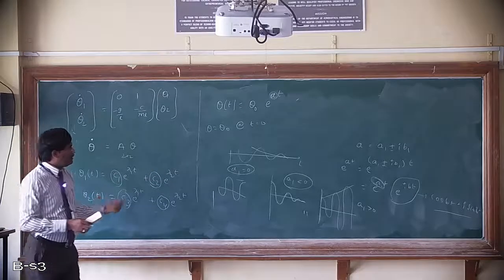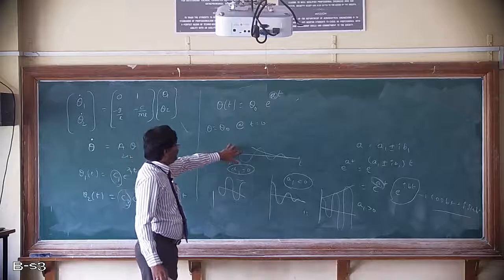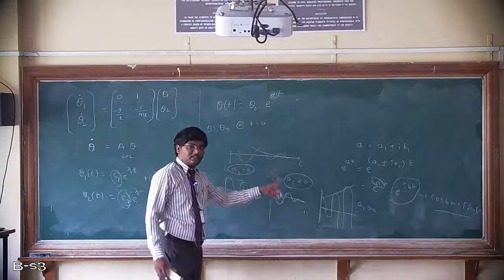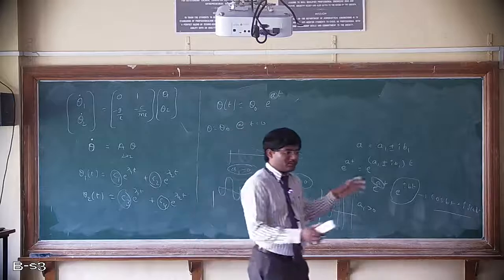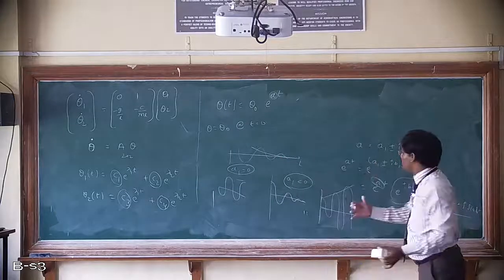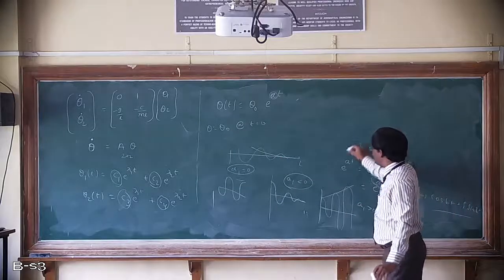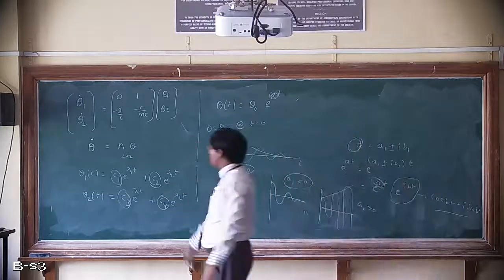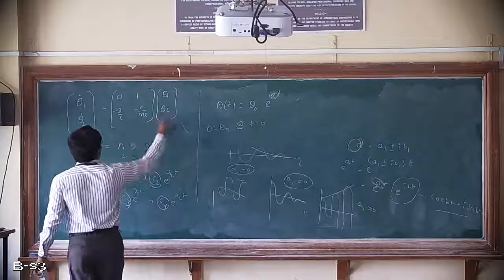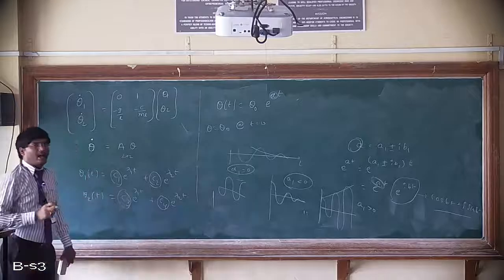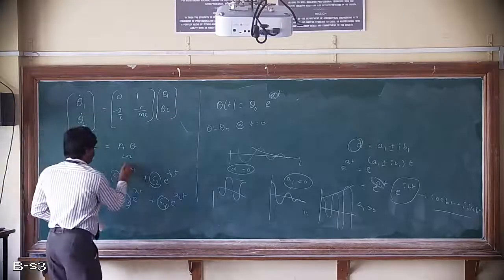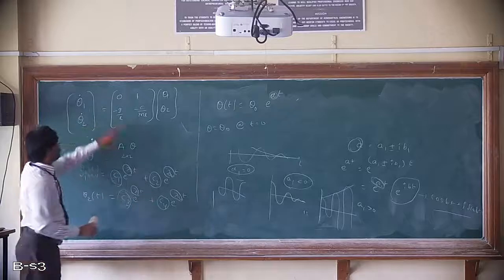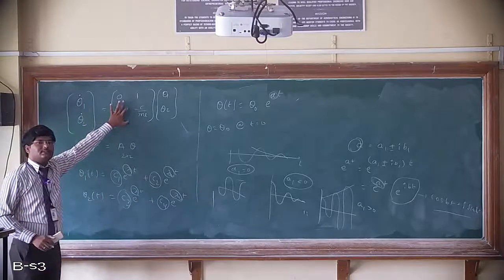But if you observe these graphs, stability analysis, I mean, is it coming to the original position or not? That depends on constant A, right? Like that, in this case the stability of the system depends on the eigenvalues of the system, eigenvalues of this 2 by 2 matrix.